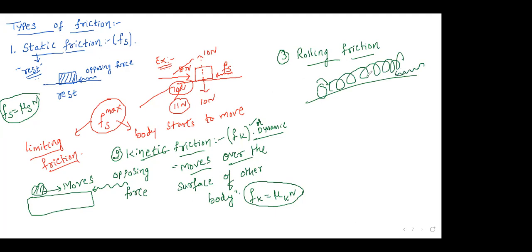What is that opposing force called? Rolling friction. So that rolling friction Fr is equal to what? Mu R into N.